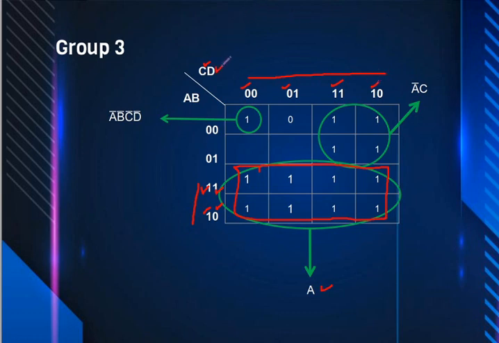The final one is D. So D is also 0, 1, 1 and 0. So D is also not common. So the only common variable is A. So we are taking A.